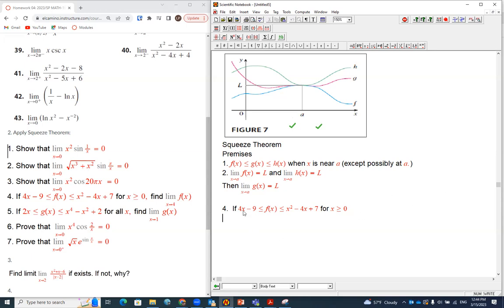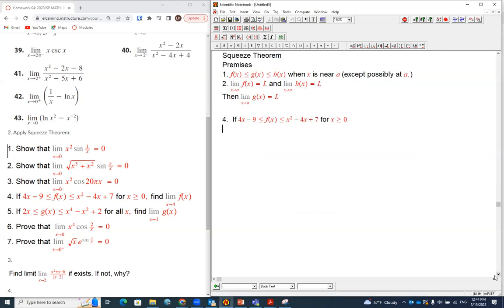And this is true for x greater than or equal to 0. What does that mean? If we just take a picture, to do this question you don't need a graph, but as I'm explaining, what is the function below? What is the function above?